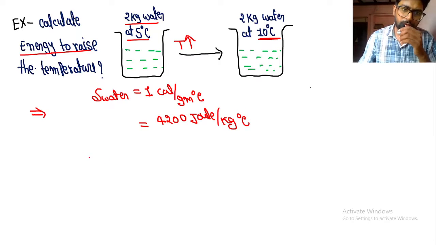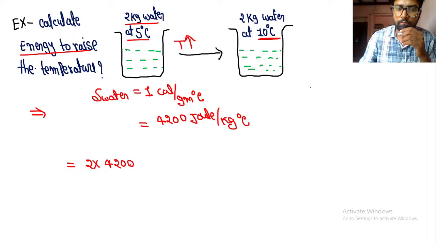So for 1 kg we require 4200 joule. For 2 kg, how much do we require? Multiply by 2 the 4200, this much energy for 2 kg to increase the temperature.